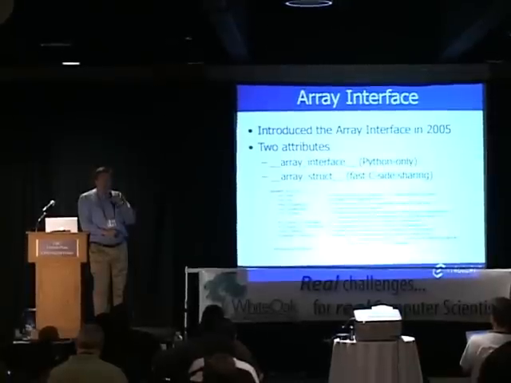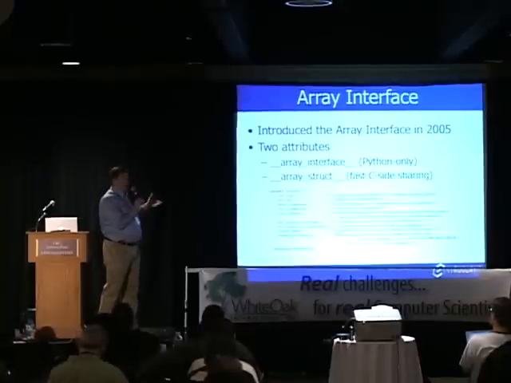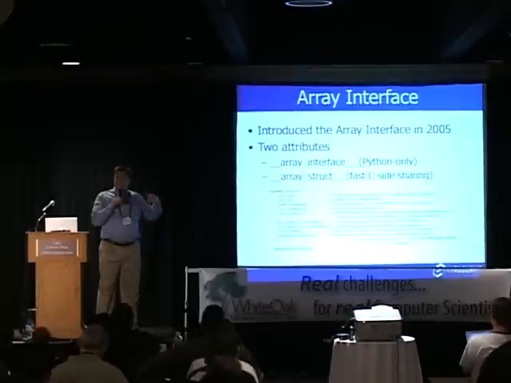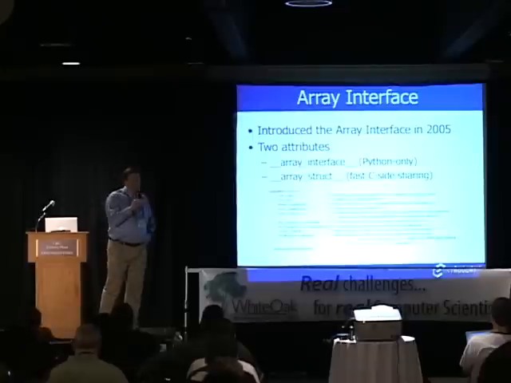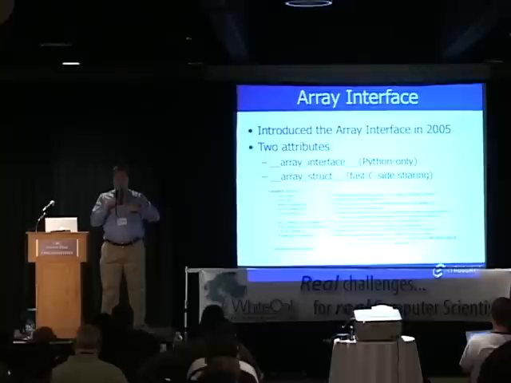evolved from what's called the array interface, which we introduced in 2005 to share data between just NumPy arrays and numeric arrays and numarray arrays. This array interface just used two special attributes: __array_interface__ for a Python-side way to get access to everybody's memory, and then a fast C-side __array_struct__, which would actually return a C object pointer to this array struct.